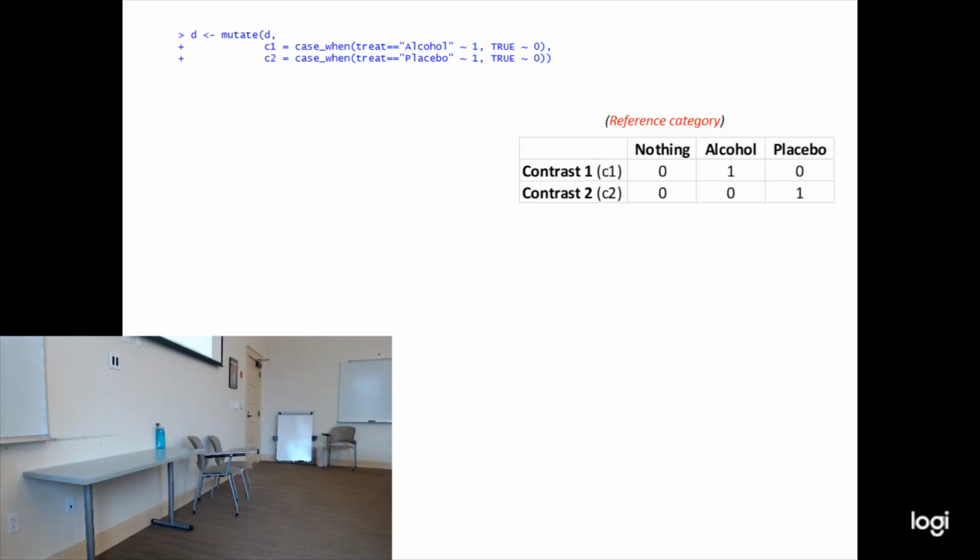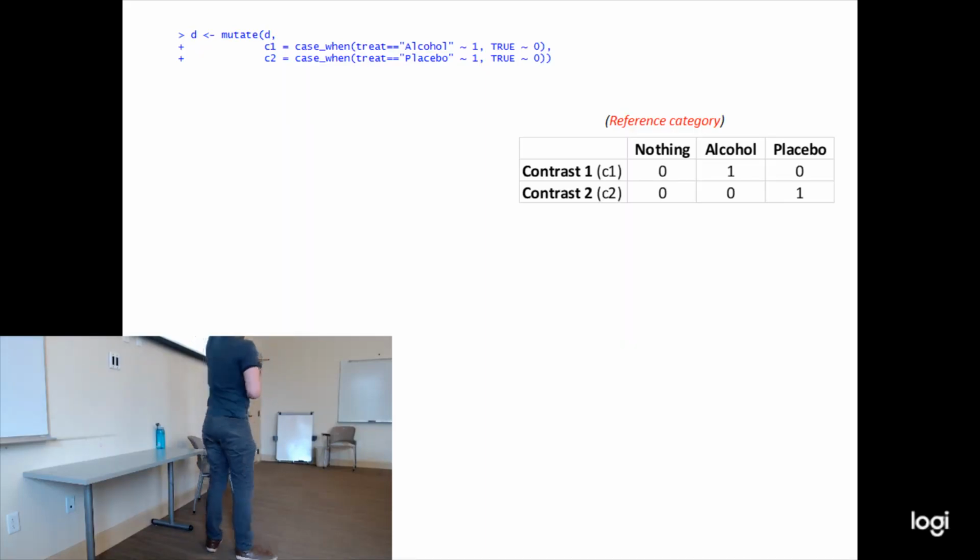Would you mind walking through that script? Sure. So I'm using mutate to create new columns, new variables in my data set. That second line says, one of my variables is going to be called C1. That's going to be the name.